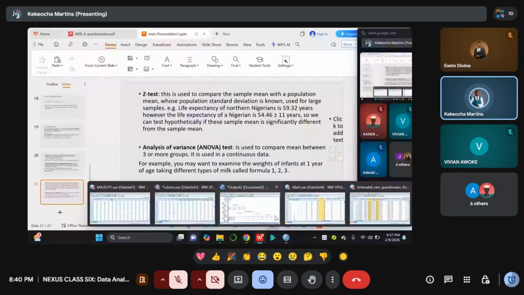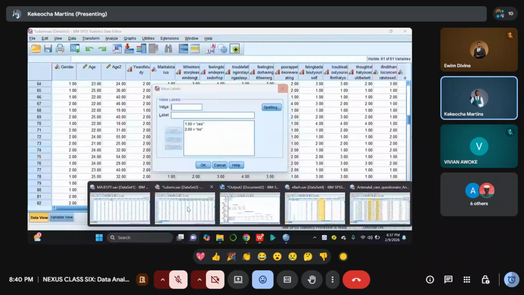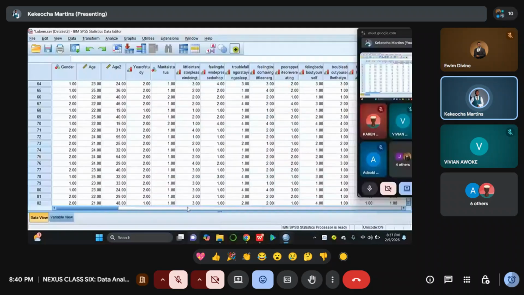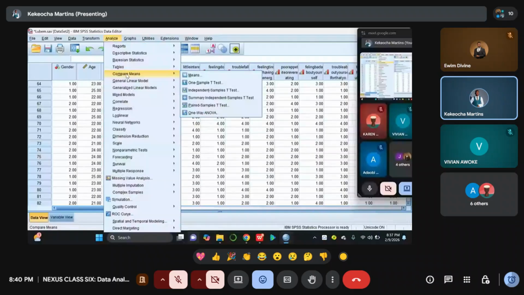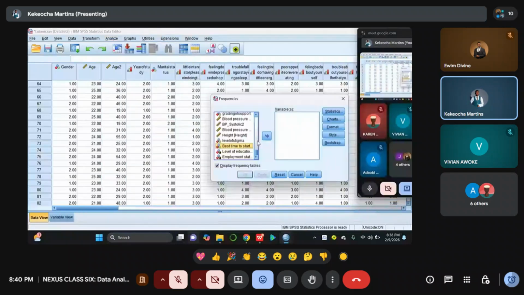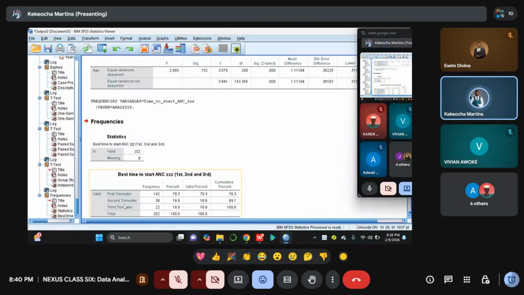So for an example in our explanation here, under Analyze, I have Compare Means. Under trimester, we have a column for best time to start antenatal care, which is divided into first trimester, second trimester, third trimester.